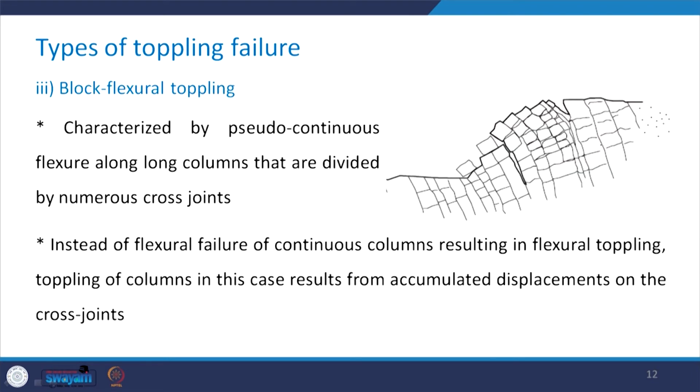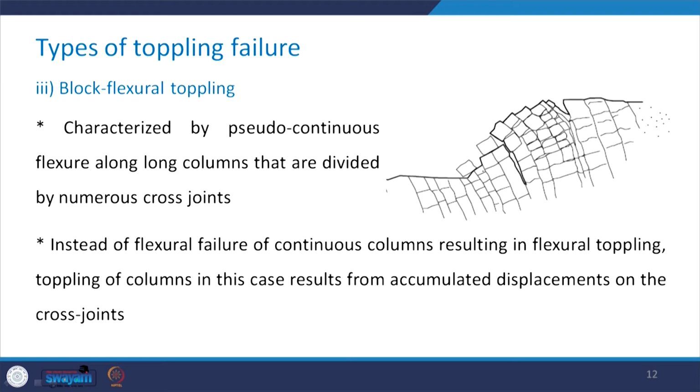Coming to the next type of toppling failure, which is block flexural toppling. This is characterized by pseudo continuous flexure along the long columns that are divided by numerous cross joints. So, that is a difference between the earlier two modes of failure and this toppling mode of failure.